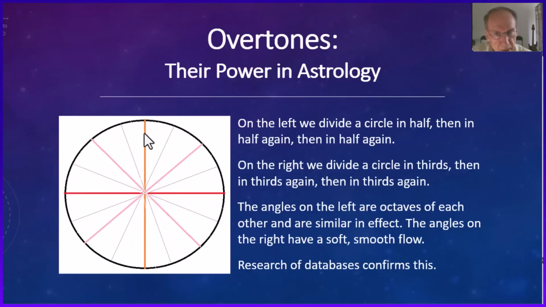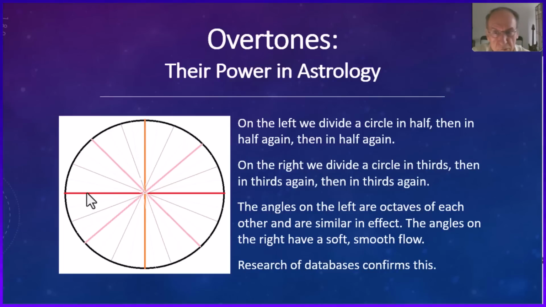Okay, so on the left, we have that red line showing two planets in opposition to each other. Then we cut it in half again, and now we've got 4 pieces of 90 degrees. And this can go on forever. We take the 4 pieces of 90 degrees and we cut them in half. And I've drawn these pink diagonal lines. It's also like a cross, but in diagonal directions.